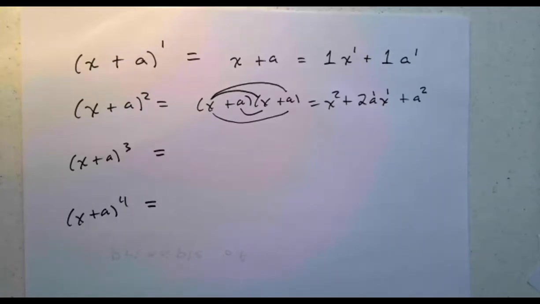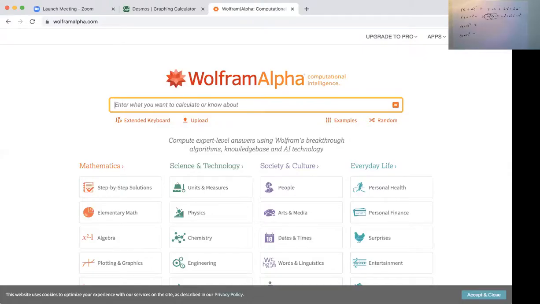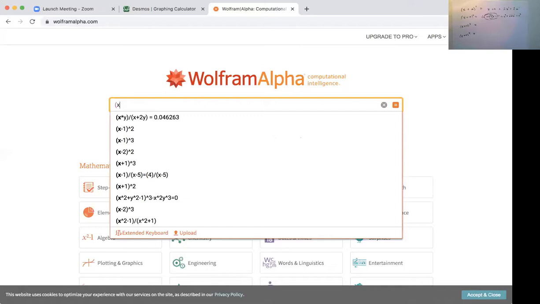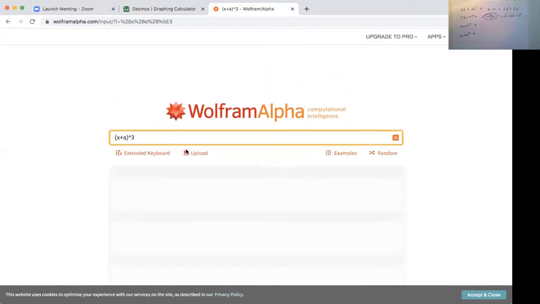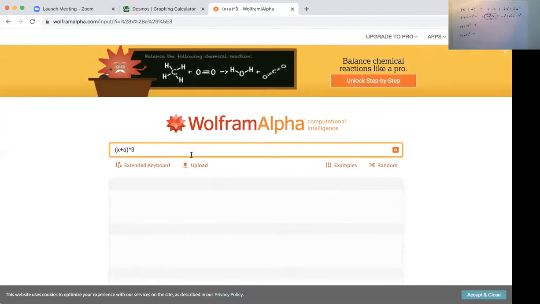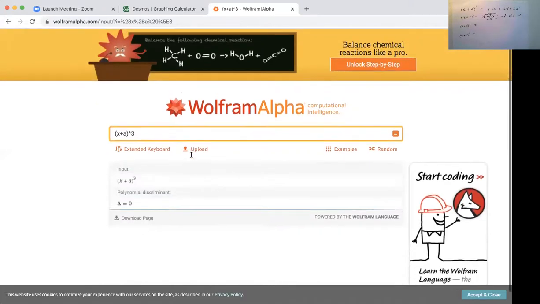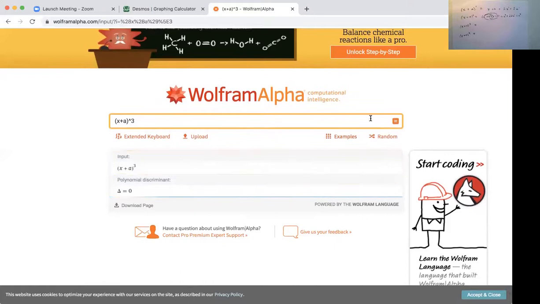So here I am at Wolfram Alpha. If I go to x plus a to the third power, what does it give me? And we'll see the result. It's taking a while to compute.